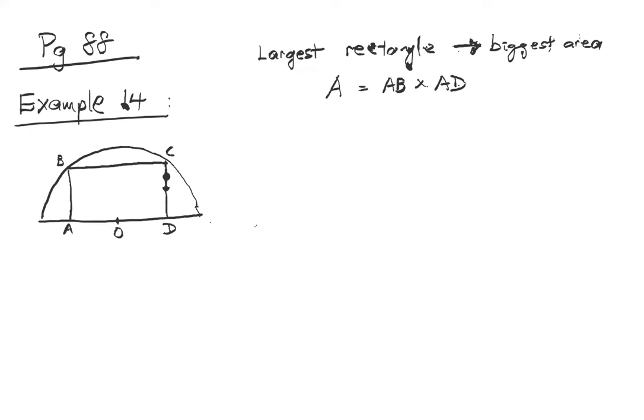Am I right? The only information you know is that the diameter is equal to 20 cm. So radius will be equal to 10 cm. Am I right? So if I join O to C, that's why I know this is 10.